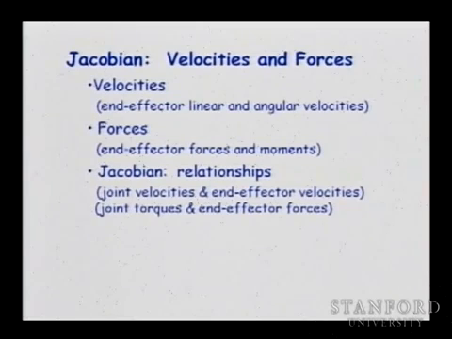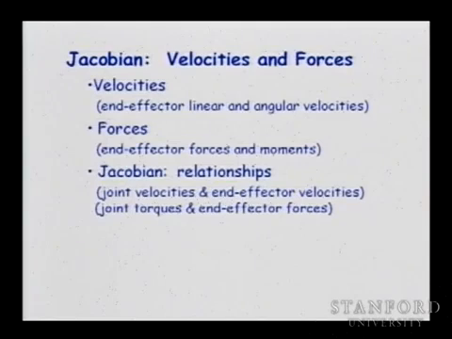And we need to consider two things, not only the linear velocity of the end effector, but also the angular velocity as it rotates. And we will examine the different velocities, linear velocities, angular velocities, with which we will see the duality with the relationships between torques applied at the joints and forces resulting at the end effector.